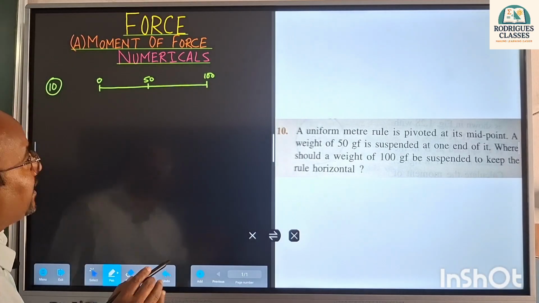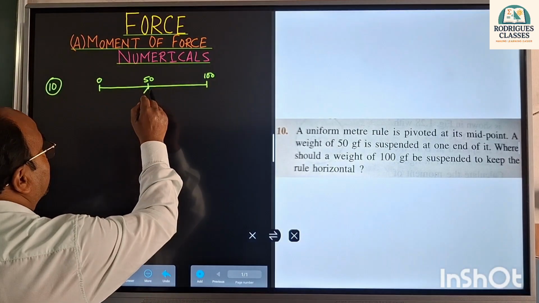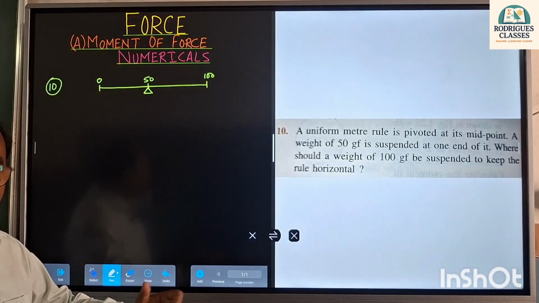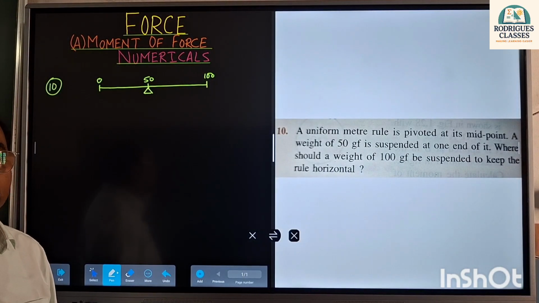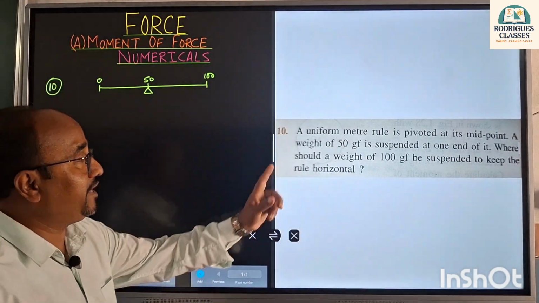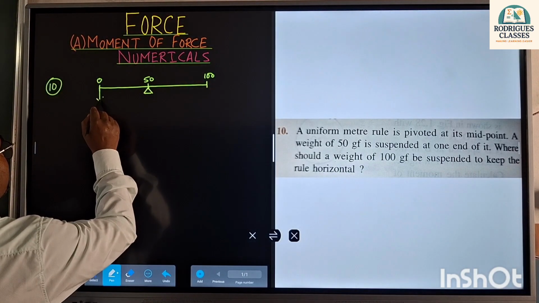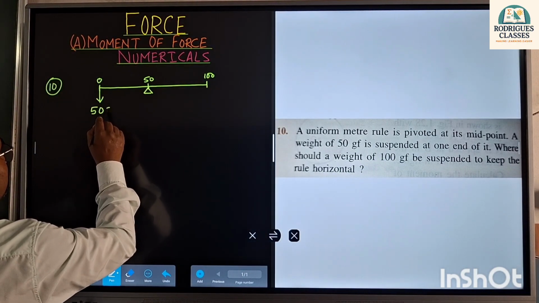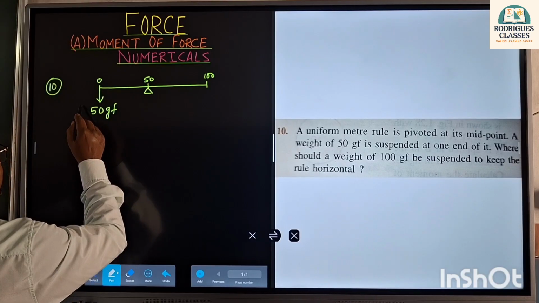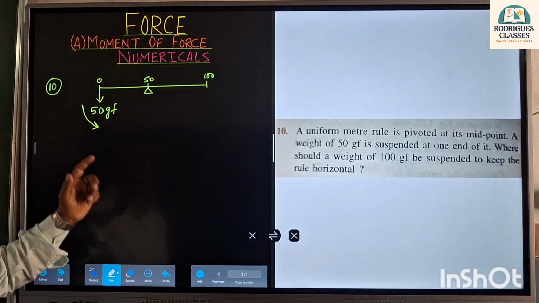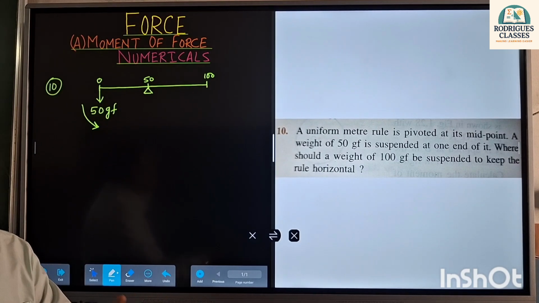Now it is pivoted at its midpoint, so you show the pivot point this way, which is a way to show the fulcrum. Now 50 GF is suspended at one end, so I am taking this 50 GF to be suspended here, which will try to rotate it in this direction. It is always better also to show the direction in which that force will rotate.